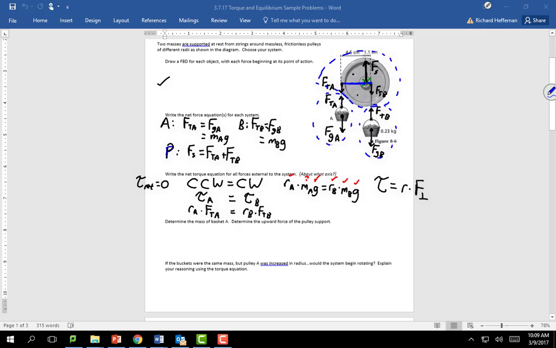Make sure if it's 4.6 centimeters, that you're putting that into meters before we do it, since the units for torque are newtons times meters. So if you have centimeters, got to convert to meters.